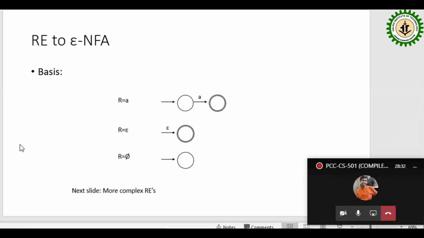And when R equals empty, that means you are not reaching any final state. Empty means you cannot reach the final state. Here is the initial state, but from that initial state you cannot reach a final state. There is no final state here. So these are the basic conversions from regular expression to null NFA.